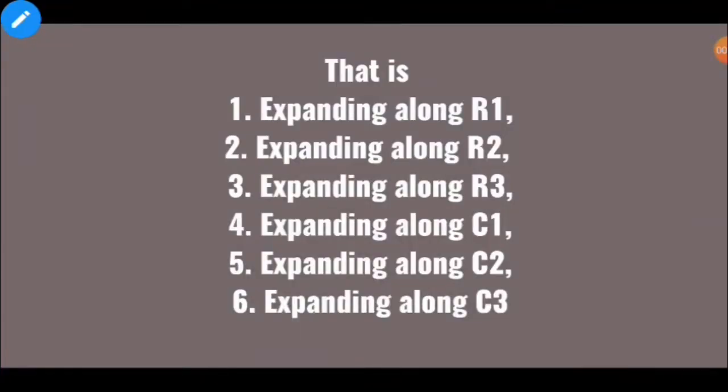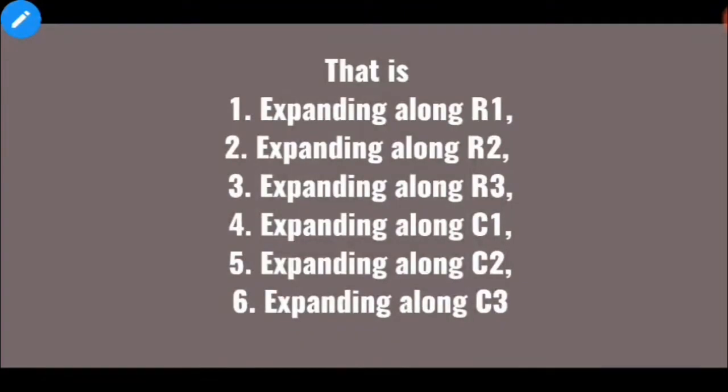That is, we can expand the determinant along R1. R1 means row 1, R2, R3, expanding along C1, C2, C3. So, we can expand a 3 by 3 determinant in 6 ways along R1, R2, R3, C1, C2, C3.